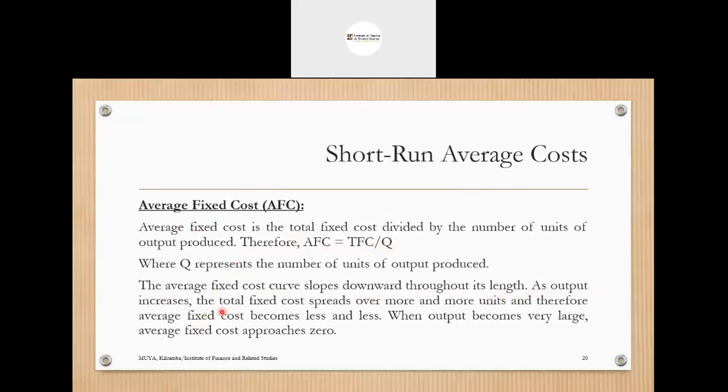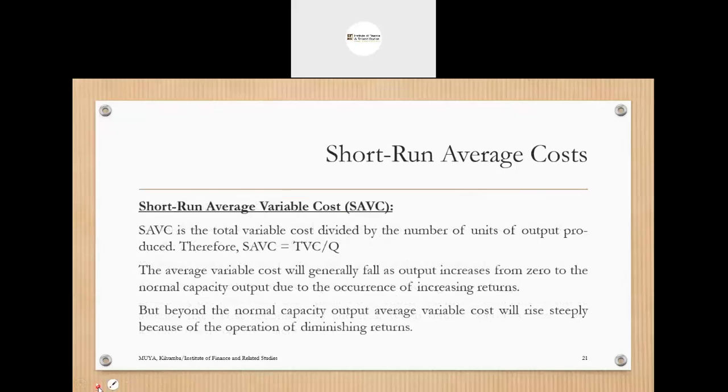As output increases, the total fixed costs are spread over more and more units, and therefore average fixed cost becomes less and less. However, when output is very large, average fixed cost approaches zero, but it is never zero.